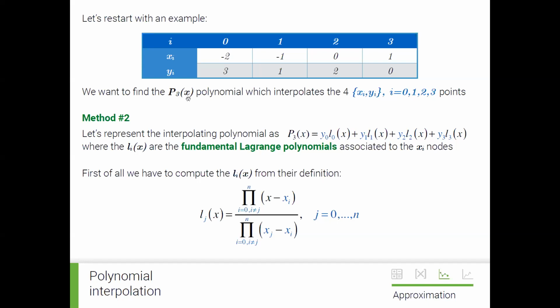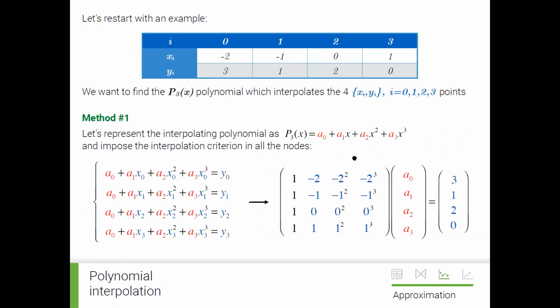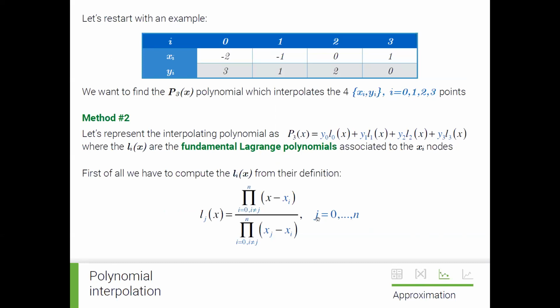So in this case, we build this fundamental Lagrange polynomial with this product. Yes, so we have two methods of finding it. We can find it just with this polynomial or with this fundamental polynomial.